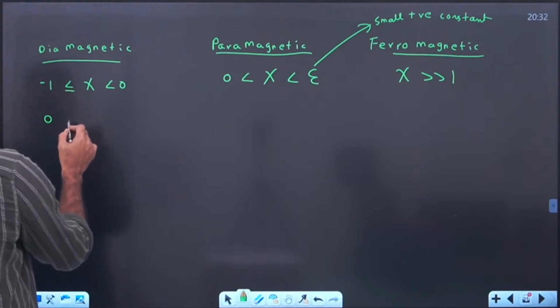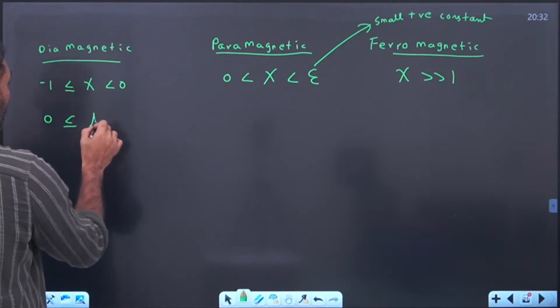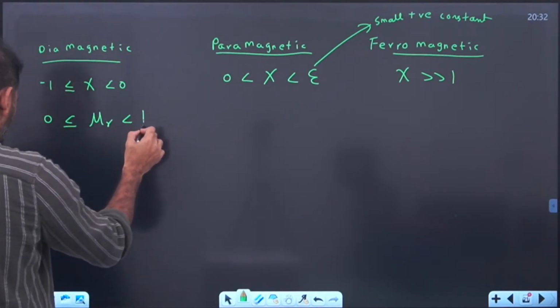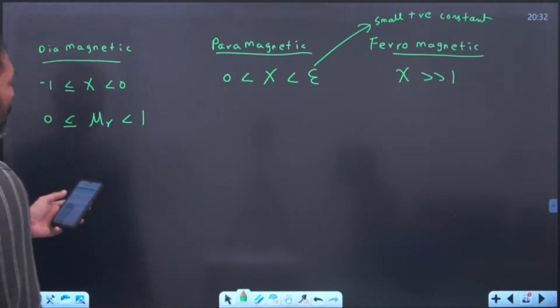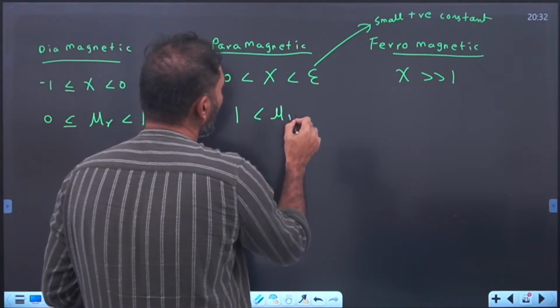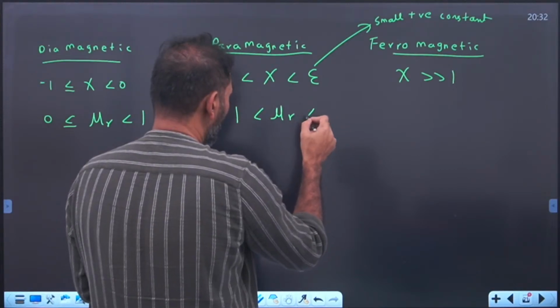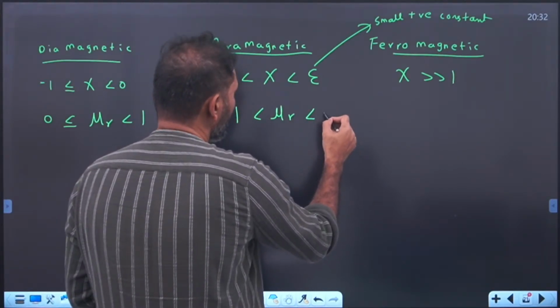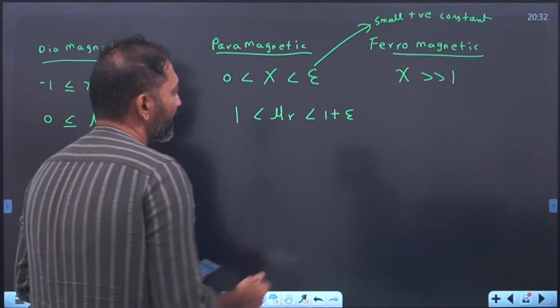Now, mu r for diamagnetic is between 0 and 1. For paramagnetic, mu r is between 1 and a small positive constant, which is greater than 1.